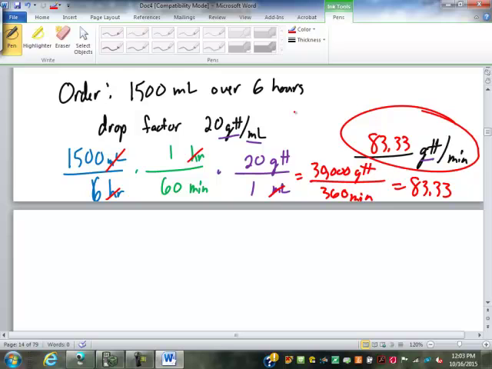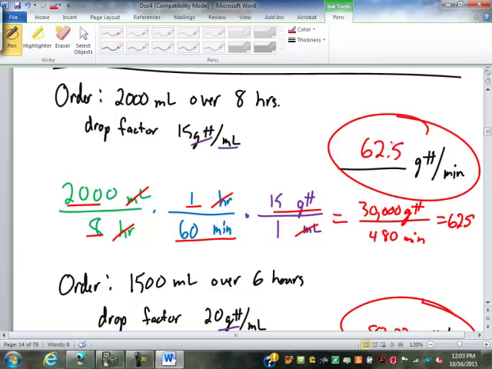Now this is something, if you're in the ADN program, they'll cover with you there, the rounding. It depends on the device. If you are using a manual setup, you would always round to the nearest drop. So this would be rounded as 83 drops, and this would be rounded as 63 drops to the nearest drop.